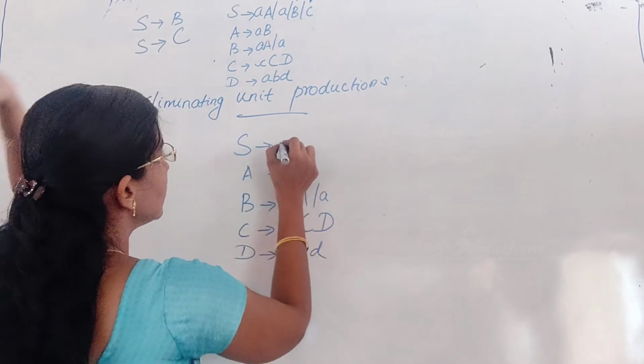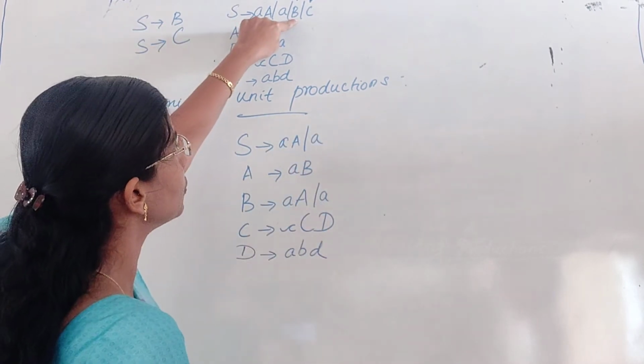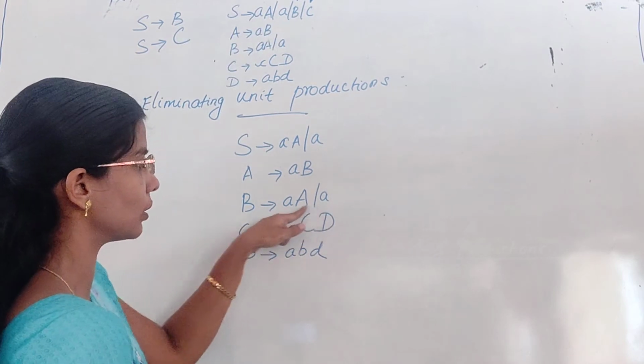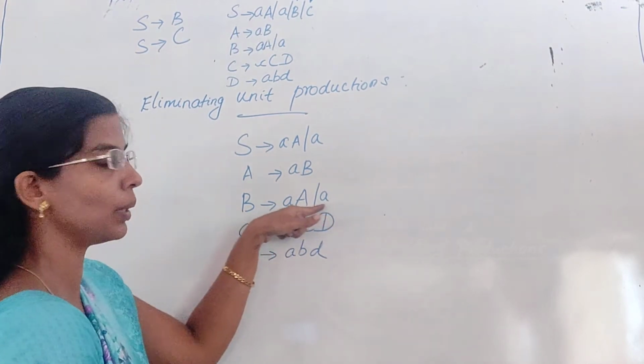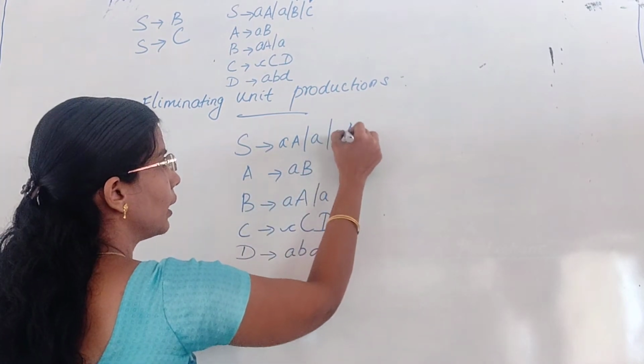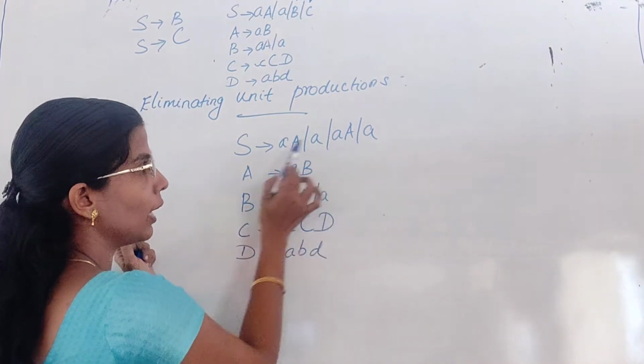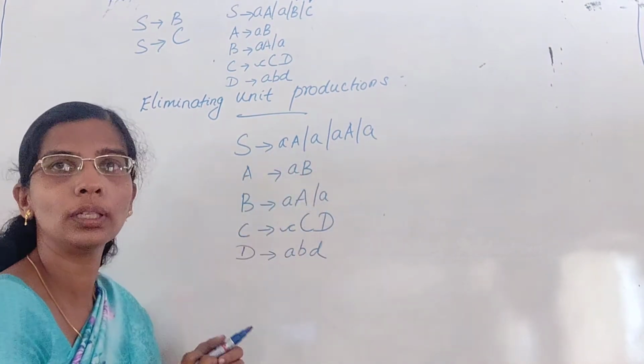Now coming to the S production. First two I write as they are, A and A. Now in the place of this B, write the B production. So A. When you write this B production, see A is there already, so no need to write twice.